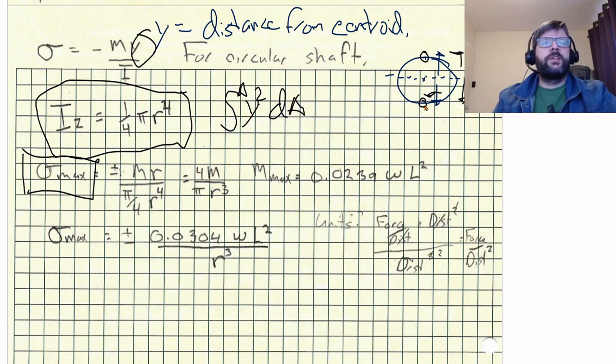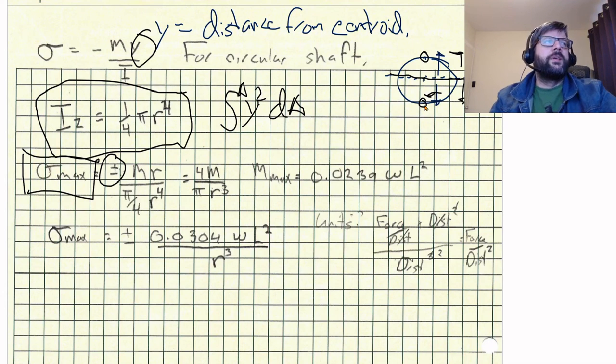So that's why I replaced this with a plus or minus sign here to indicate that we have both going on. They're the same magnitude because this thing is symmetrical about the neutral axis.